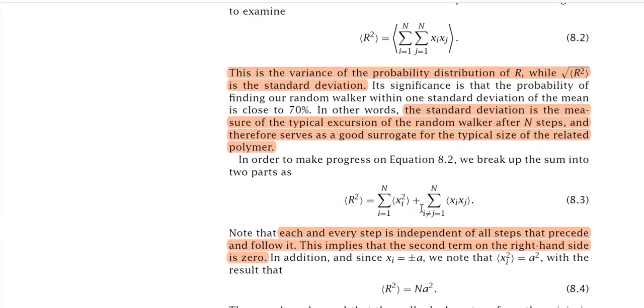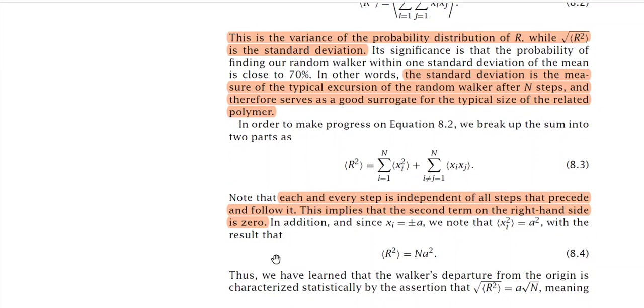The other part is the case where i is not equal to j, the range is from 1 to n, and this is the multiplication of xi into xj. Note that each and every step is independent of all steps that precede and follow it. We have already discussed this matter. This implies that the second term on the right hand side is 0.